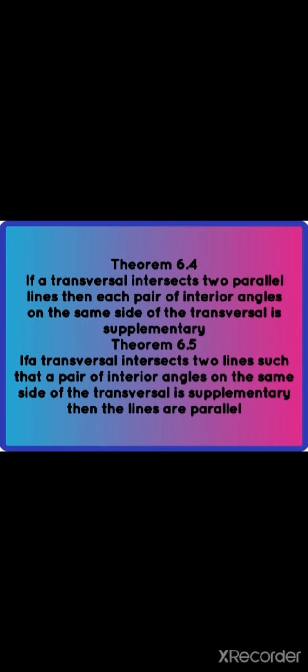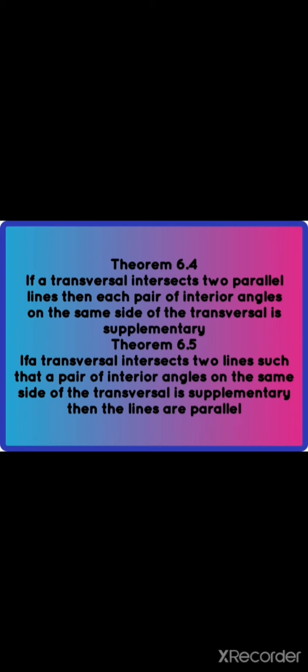Next, 2 theorems, 6.4 and 6.5, based on the third pair of angles, co-interior angles or interior angles on the same side of the transversal. The theorem is: if a transversal intersects 2 parallel lines, then each pair of interior angles on the same side of the transversal is supplementary.